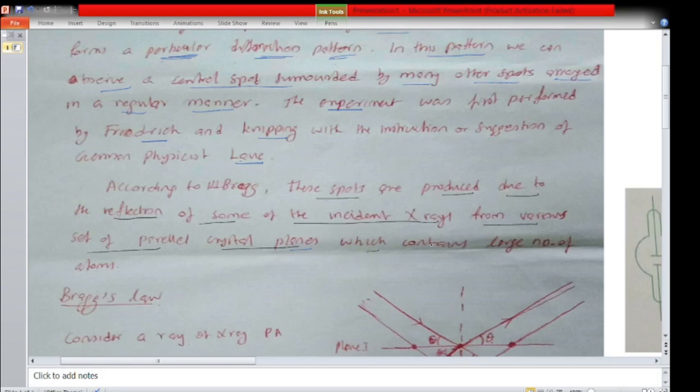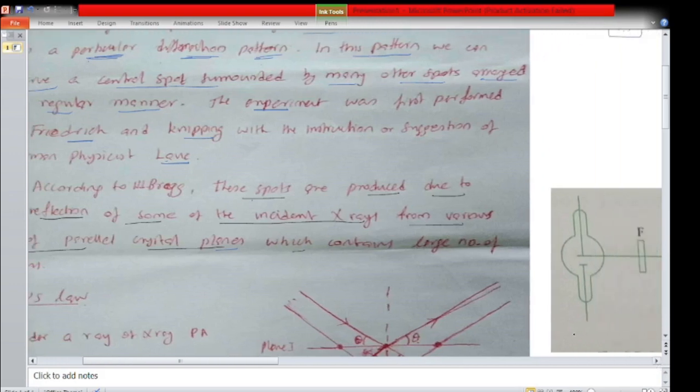So he is explaining how these spots are produced after the diffraction that we just explained.